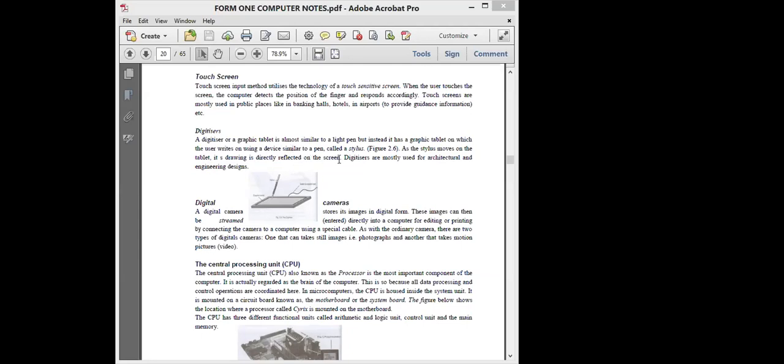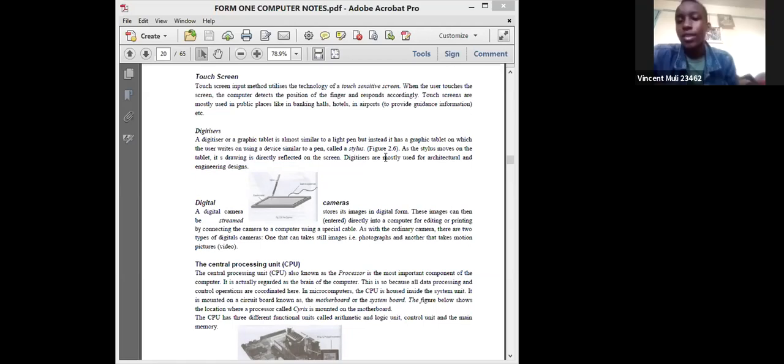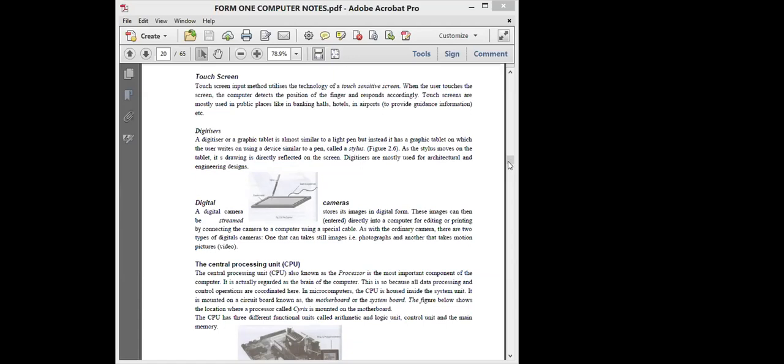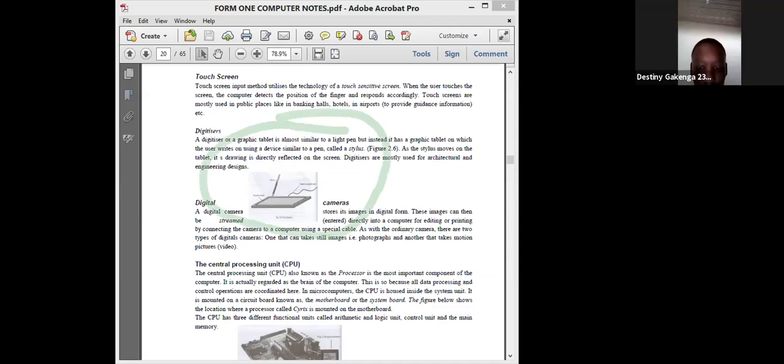Teacher, we can't hear you. How can we not hear? I'm just seeing arrows pointing at the screen, but no one is speaking. Indeed.